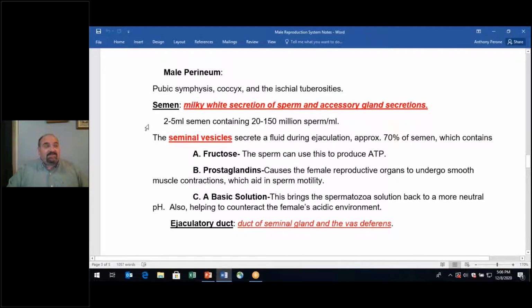So I use the term ejaculate. You can also use the term semen, and this would be the secretion that the sperm are transported in. This semen, this ejaculate, is formed by the seminal vesicles, bulbourethral glands, as well as the prostate gland.